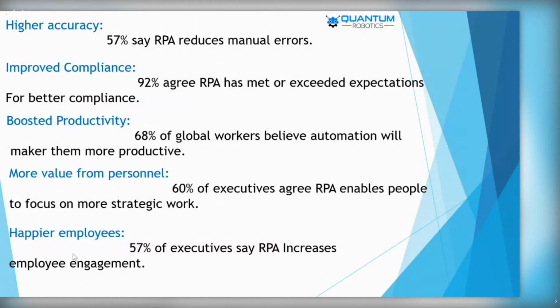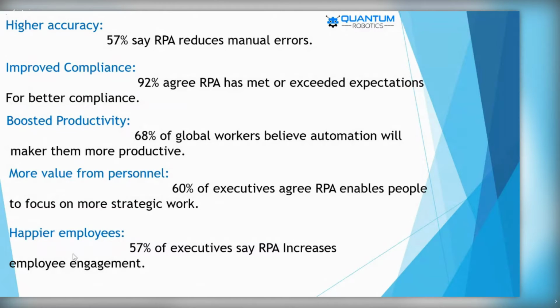Most of the 57% say robotic process automation reduces manual errors. A person will make manual errors, but robotic process automation cannot, and it is going to decrease those errors.